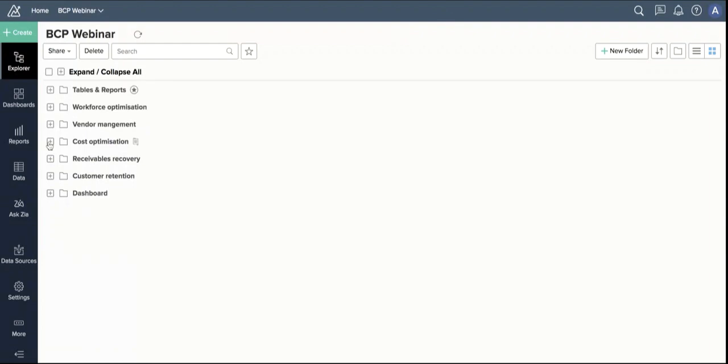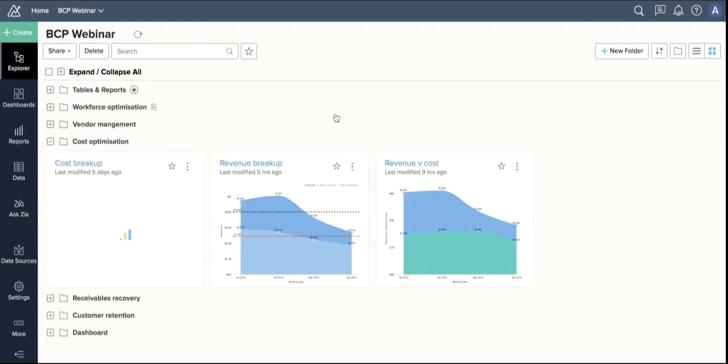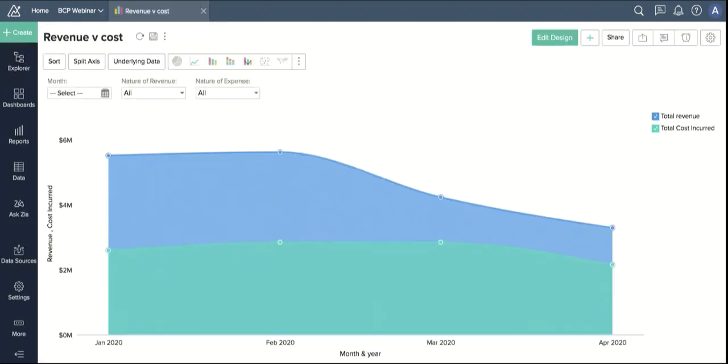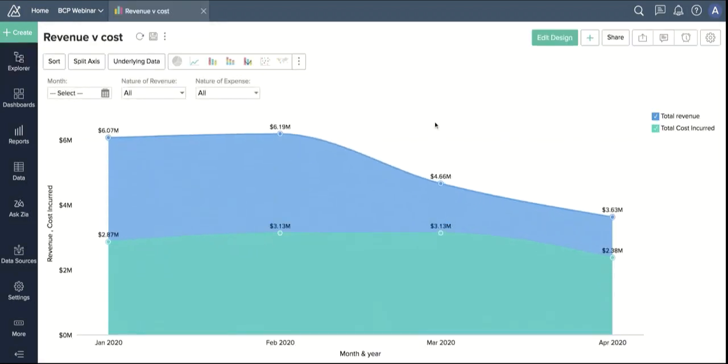The very first question is, should I optimize my cost? Now, it would be nice if you can understand how your revenues are as against your cost. In the example I've considered, you can see that the revenues for the months of January and February have been pretty much consistent, whereas for March and April, it has plunged.